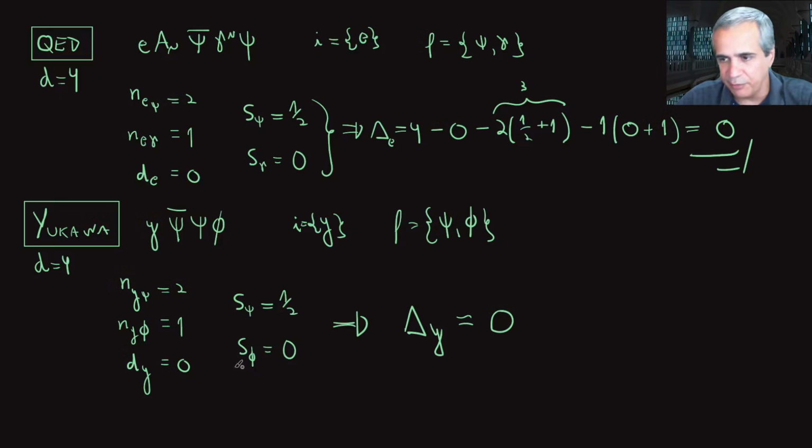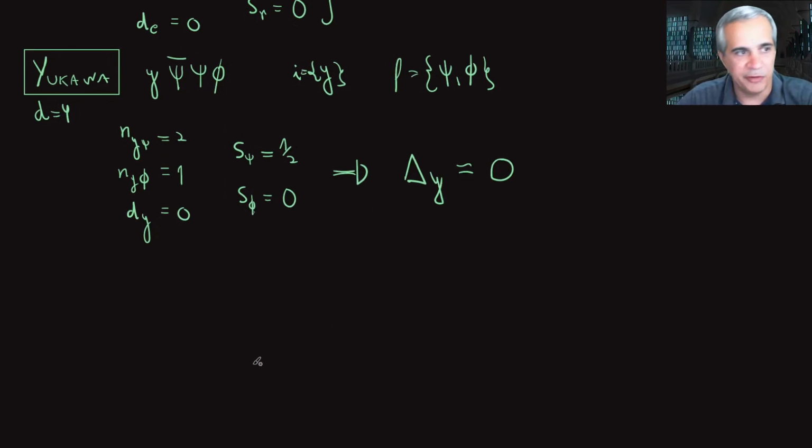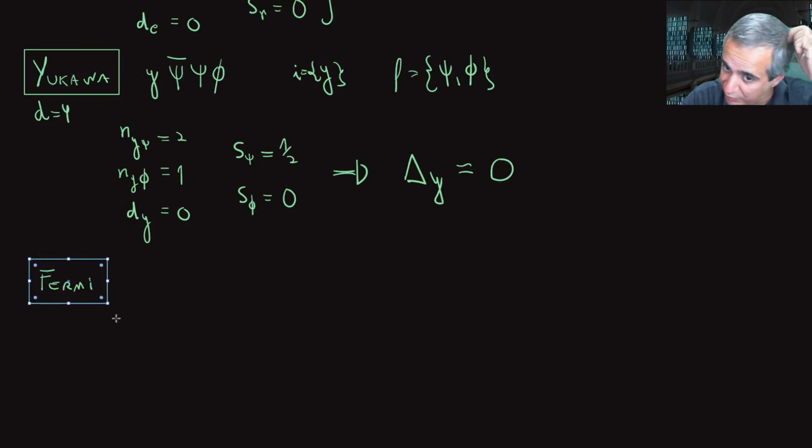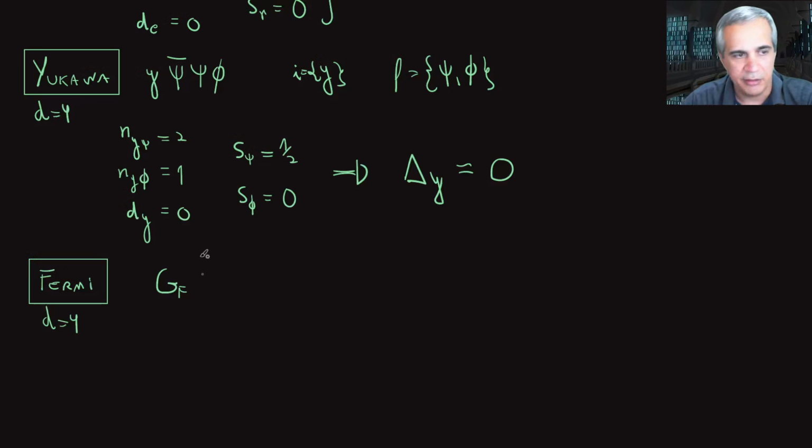Now for another example, let's take a look at the Fermi interaction, which you might be familiar with or not. It was very important in describing weak decays in the earliest days of the standard model of the weak interactions, also in 4 space-time dimensions. This theory is an interaction characterized by this coupling G_F, G Fermi, and it has this 4-fermion structure.